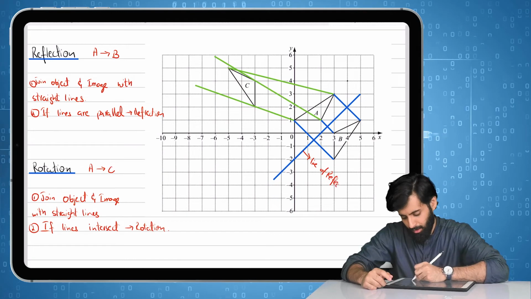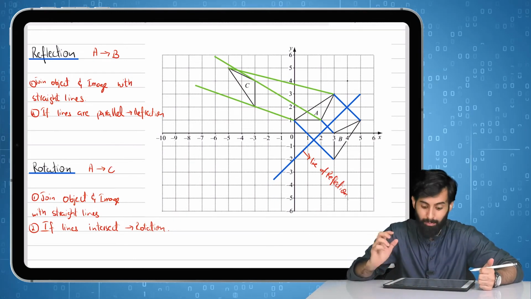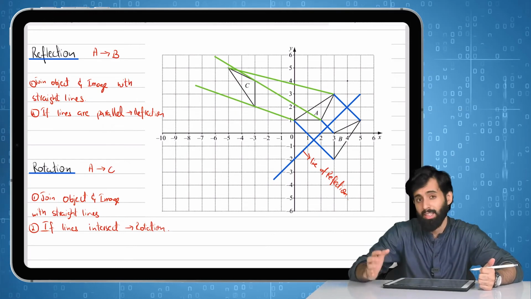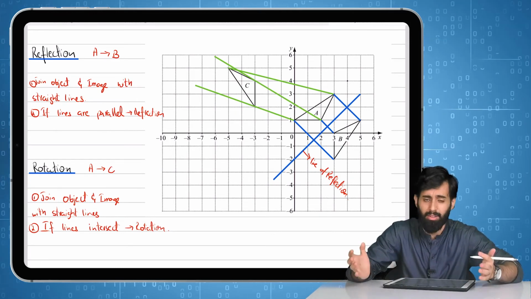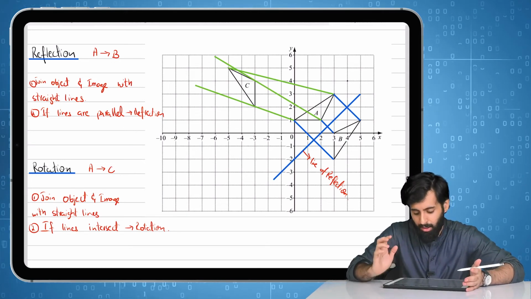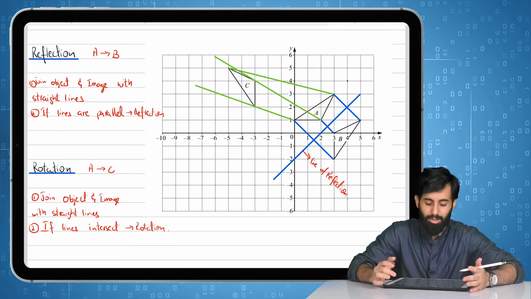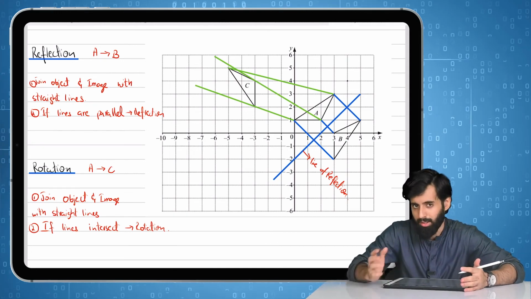And how exactly do you describe rotation? First you've got to decide whether it's 90 degrees or 180 degrees. I have a detailed video on that. You guys should watch that if you still have some doubts. And then you know what to do when it's 90 degrees, which it is over here, by the way, and you know what to do when it's 180 degrees.